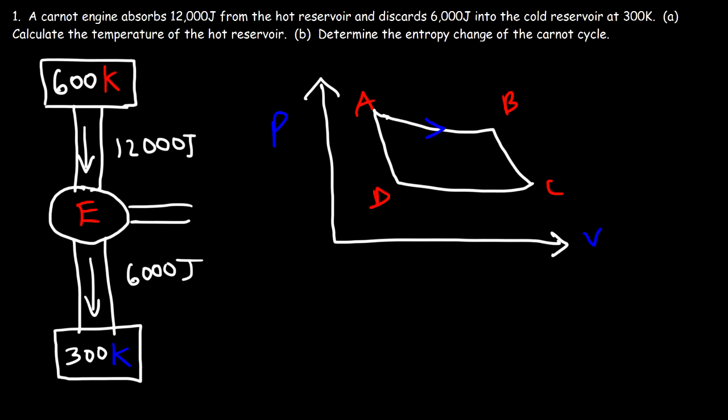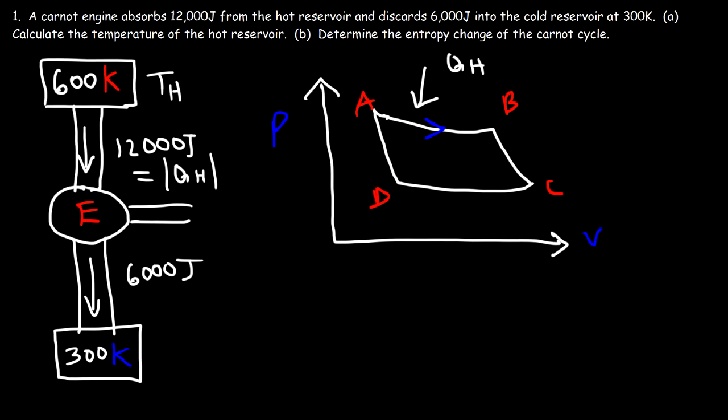Now as we go from position A to position B, this is an isothermal expansion. And at this point, that's when heat energy is transferred from the hot reservoir to the engine. So thus we have QH, which is 12,000 joules, and the operating temperature, TH, that's 600 Kelvin.